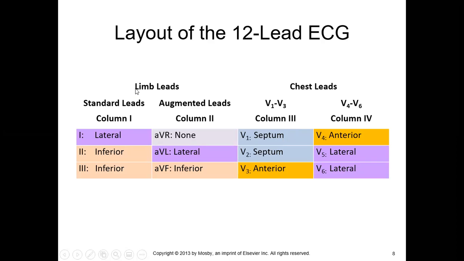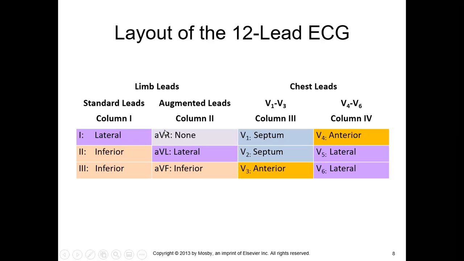They call this side the limb leads, and this side the chest leads. When you put the leads on, they also go on your legs, so that is what limb leads mean. And then the ones that we put on the chest are usually 6 different leads, V1 through V6. Over here you have the AVR, the AVL, and the AVF.